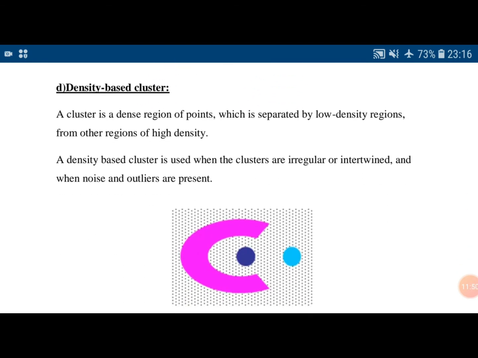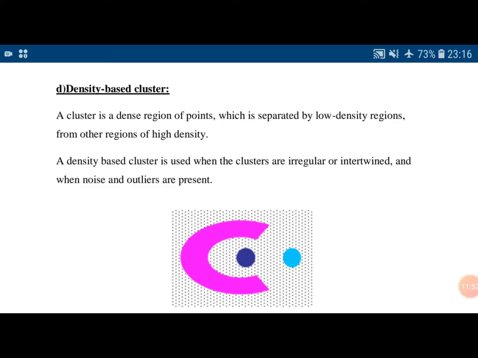Next, density based cluster. Density is nothing but, within a particular space, how many points or how many elements or how many objects are present.